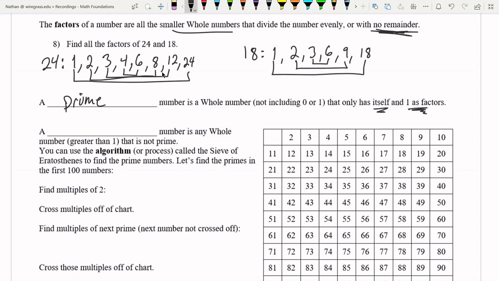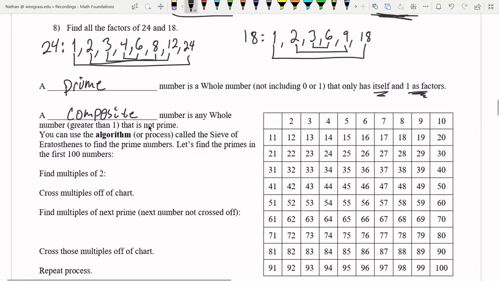These types of numbers that are not prime numbers are composite numbers. So it's just pretty much any number that's not prime, that's greater than 1 for the whole numbers. 0 and 1 we do not consider for prime and composites.